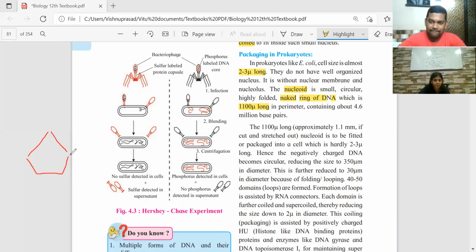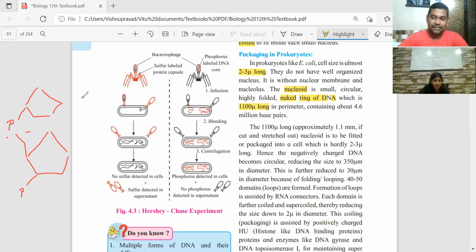There is another phosphate group, phosphate molecules. So successive nucleotides. ये पूरा unit है, उसको बोलते हैं nucleotide.